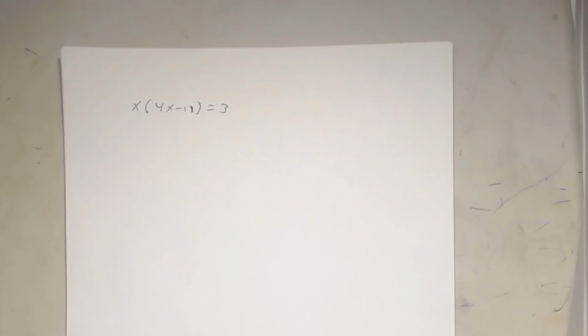Distributive property. Well, why can't I just set each factor equal to 3? Because on the left side, it looks like it's factored, right? That's x and 4x minus 11. It's not a three-factor property, it's a zero-factor property.